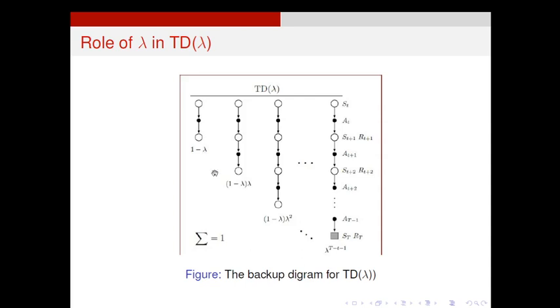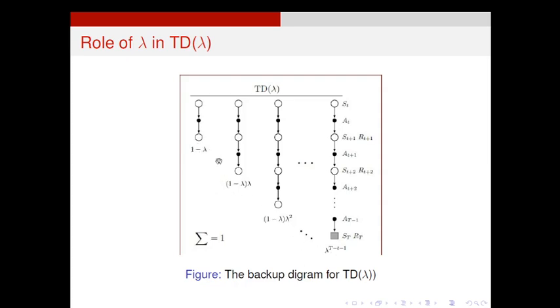Now take the ratio, 1 minus lambda into lambda by 1 minus lambda. We get lambda. Again do that here: 1 minus lambda into lambda square divided by 1 minus lambda into lambda. We get lambda. Because these coefficients become a geometric progression, it gives the common ratio lambda.